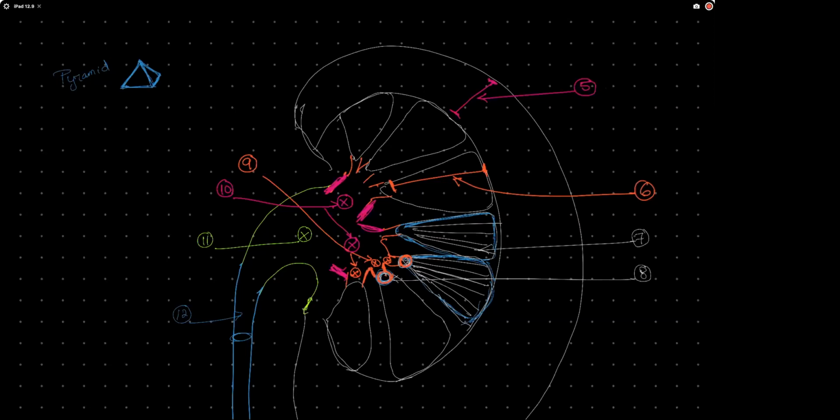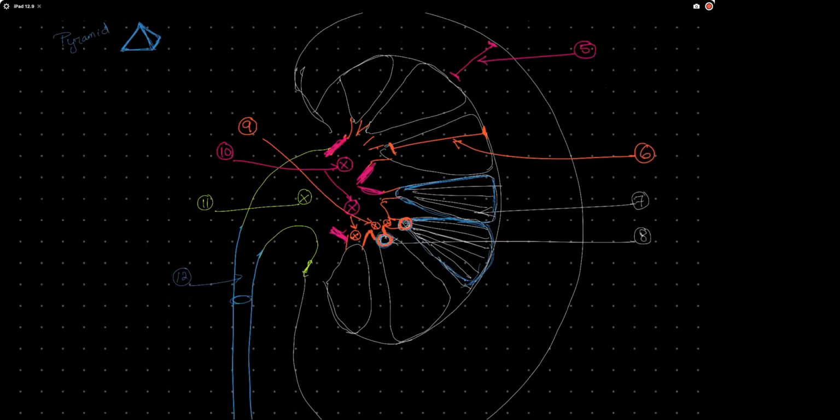Those are going to be number 9, which will then fuse together to drain the urine into larger ducts, which are marked here as number 10. Those large ducts will then drain the urine into a funnel-shaped tube that will carry the urine from inside of the kidney to the outside of the kidney. This is marked number 11.